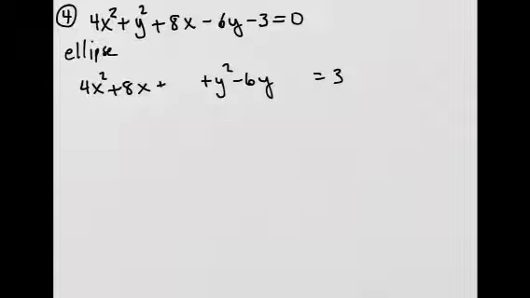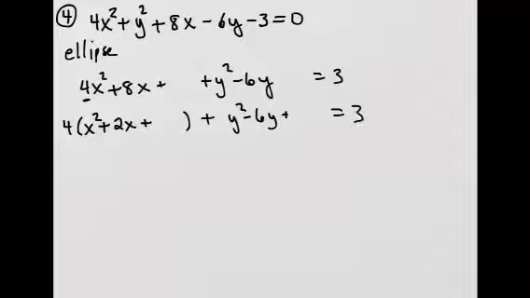Before we do completing the square, you have to make sure that this coefficient is a 1. So I'm going to factor out a 4 from the x terms, the ones that have x. So that gives you this, and then y squared minus 6y plus blank equals 3.